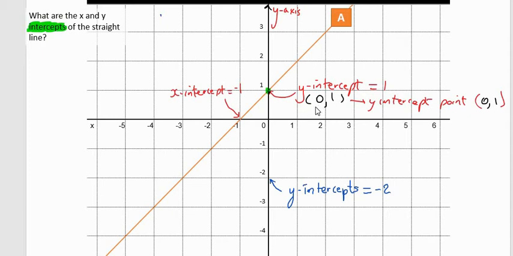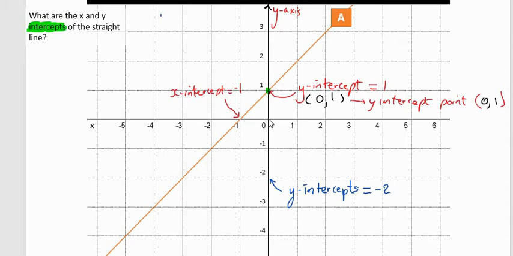Is it like one unit? True, it's 1 unit, but what's the value? The value is 1.